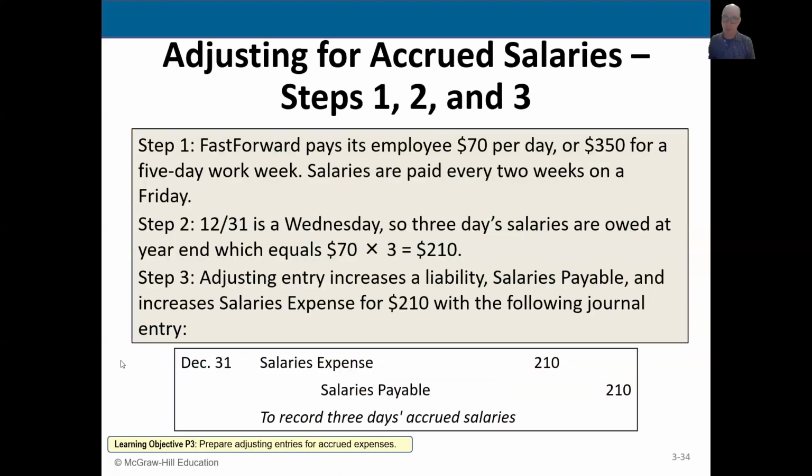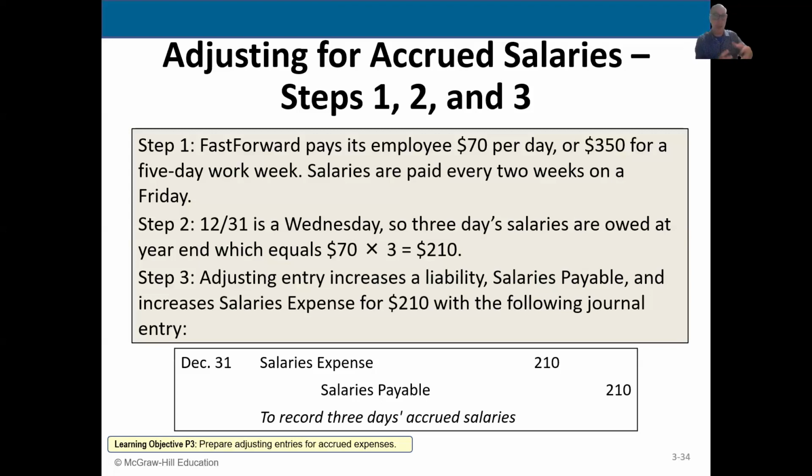So here's the example. I have an employee who earns $70 a day, which is $350 for 5 days. Our company pays every 2 weeks on Friday. Right?